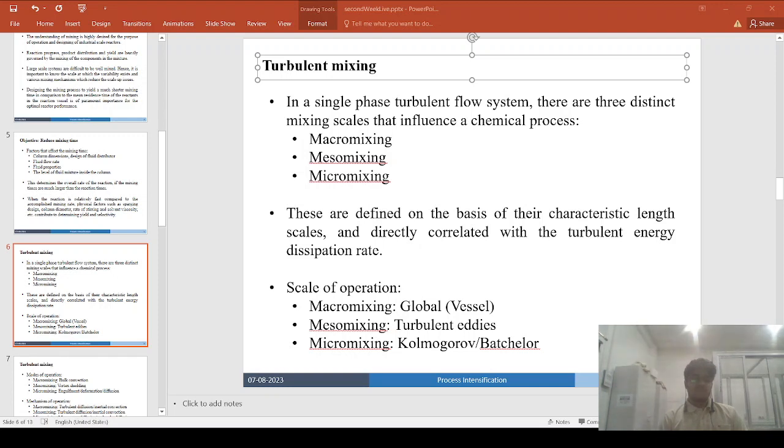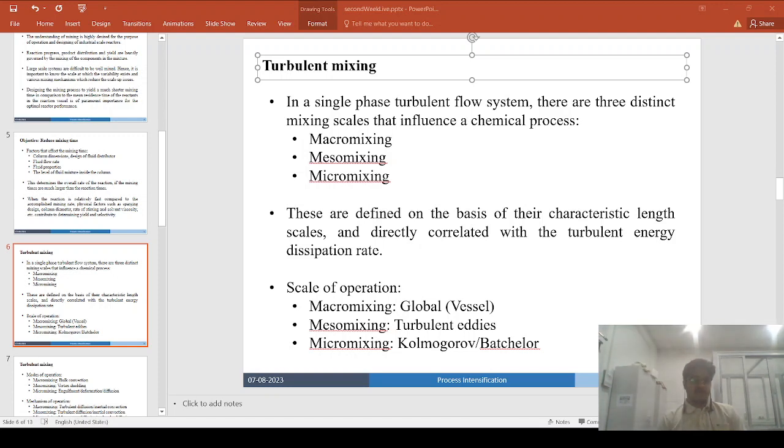Now, in the single phase turbulent flow system there are three different mixing scales. The mixing can happen in different scales. If you want to study the mixing on equipment like a CSTR, you can study the effect of mixing, like changing the size of the stirrer or changing the RPM of the stirrer.